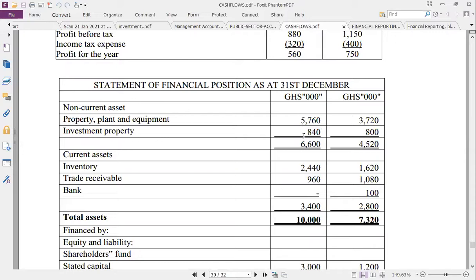So there's a fair value gain of 40,000. So under IAS 40, how do you treat fair value gain? As other income, which needs to be reversed, because this is not, 1, a cash flow, and 2, an operating activity. That is all. So it must be reversed. So we will do that.